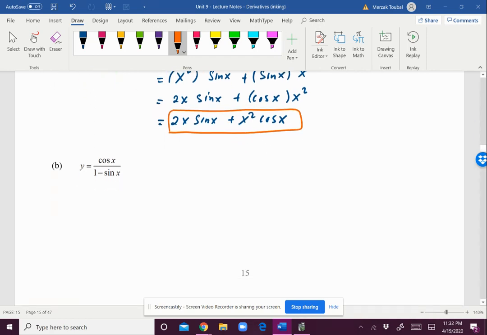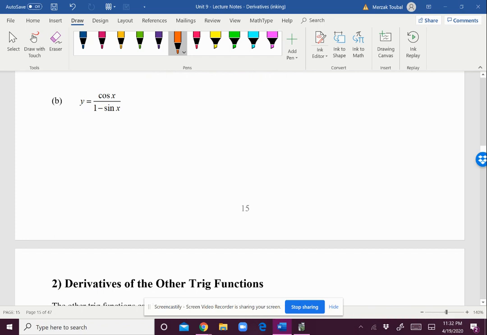Example B, y equals cosine over 1 minus sine. We have a quotient of cosine divided by 1 minus sine. So we need to use the quotient rule. So y prime equals derivative of the quotient, which is cosine over 1 minus sine.